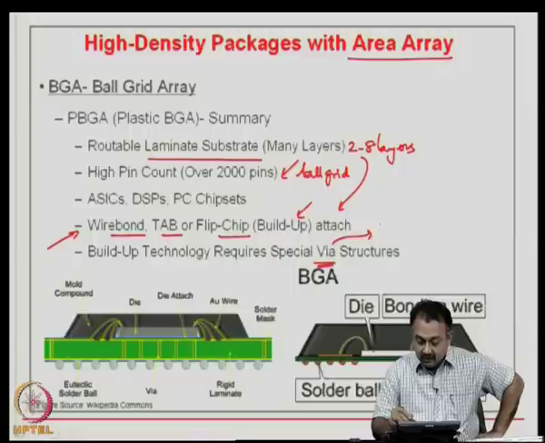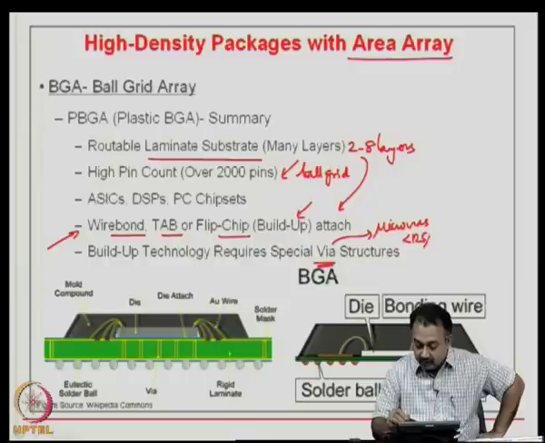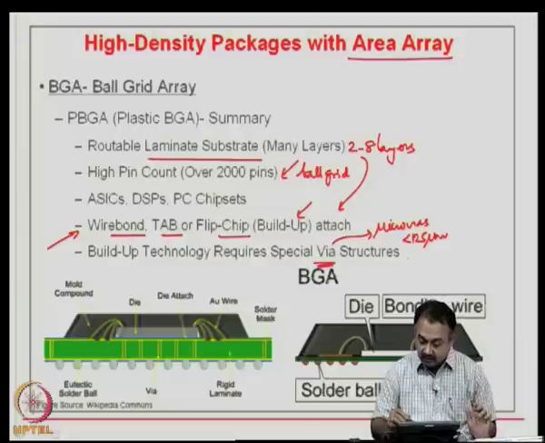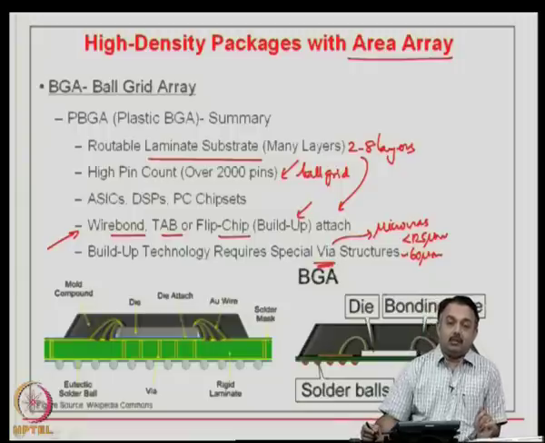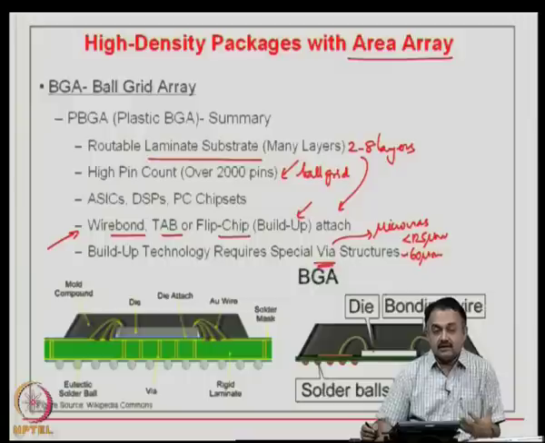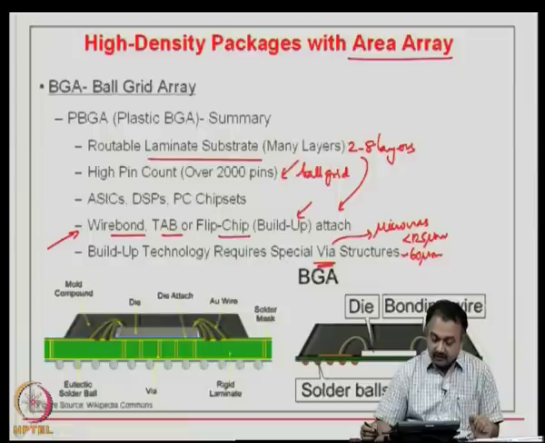The vias have to be micro vias, typically less than 125 micron in diameter. Today, people are manufacturing micro vias for BGAs of the order of 60 microns. So, you can imagine the amount of real estate saving, and the high density that is introduced in the design and the construction.